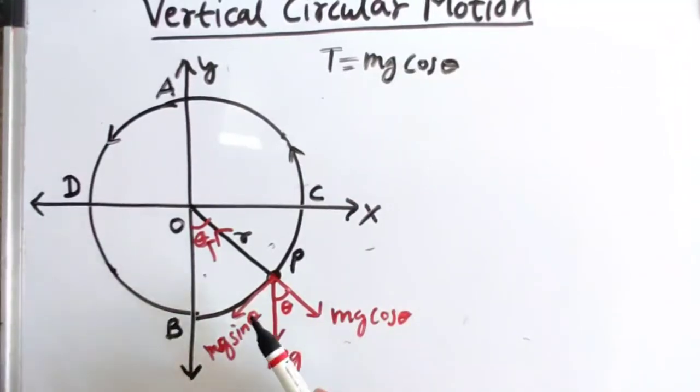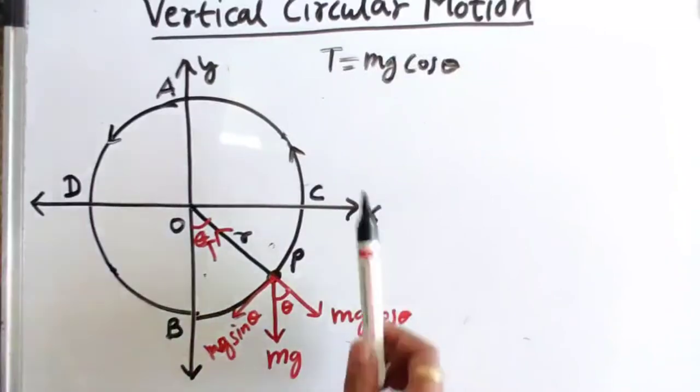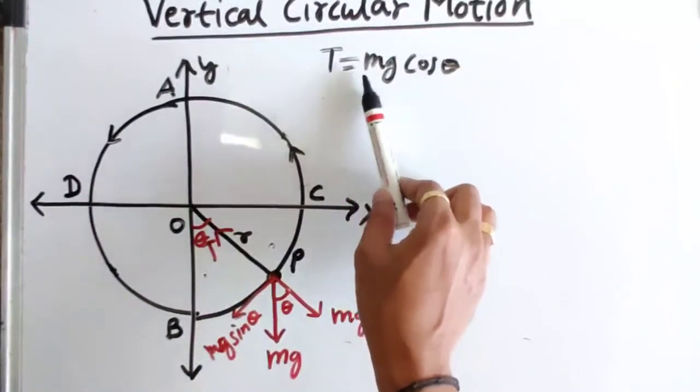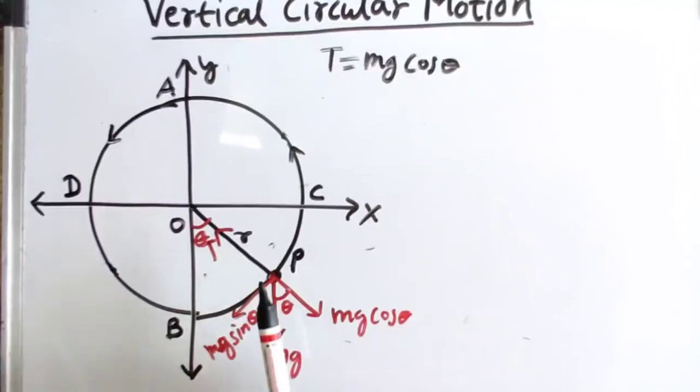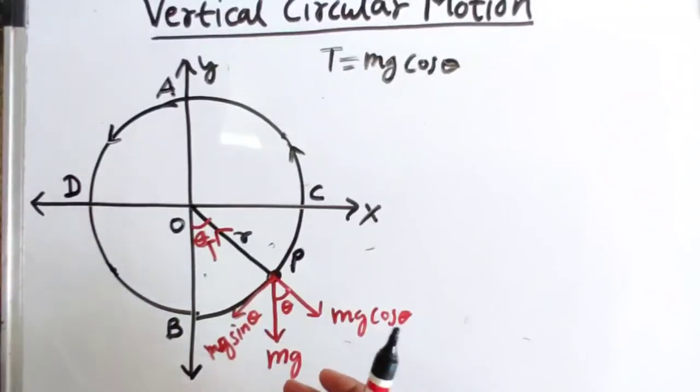Now in this figure we can see the tension in the string is balanced by mg cos theta, so we have written T equals mg cos theta. But the particle P is performing vertical circular motion, and we know that for any kind of circular motion a centripetal force is a must.